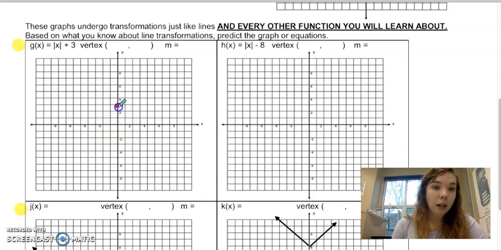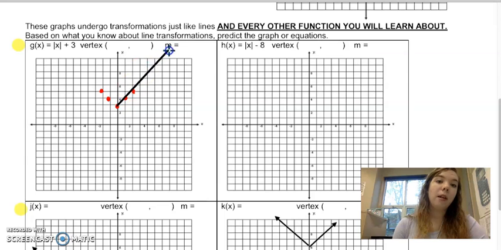So I'd have 0, 3. If I plug in a 1, 1 plus 3 is 4, so that's the point 1, 4. And I would get the same thing if I plugged in a -1. If I plug in a 2, 2 plus 3 is 5, or 2, 5. And I'm going to get the same thing if I plug in a -2.